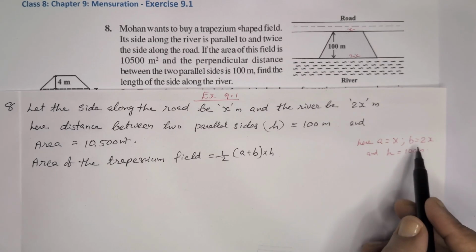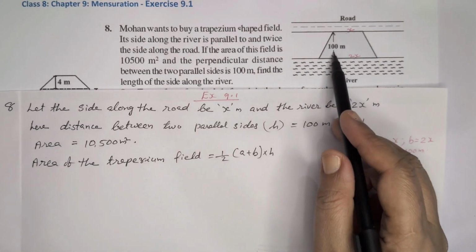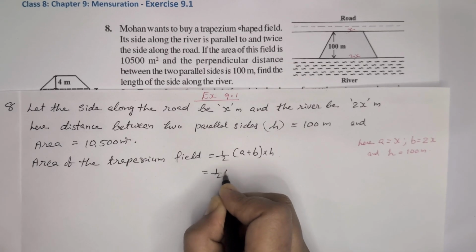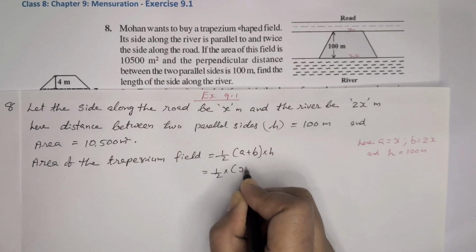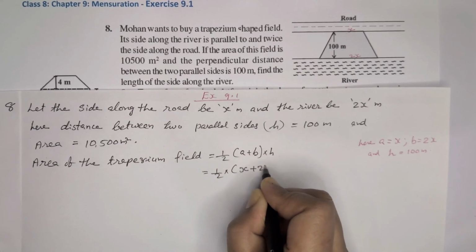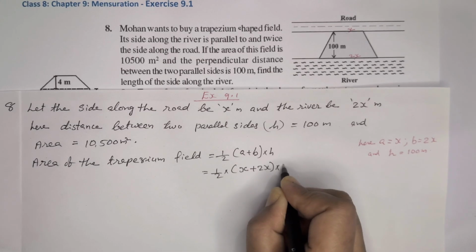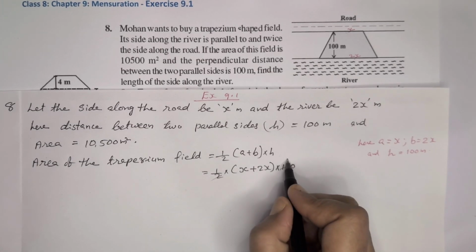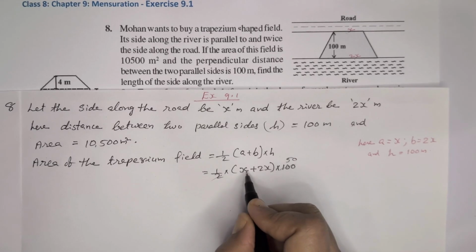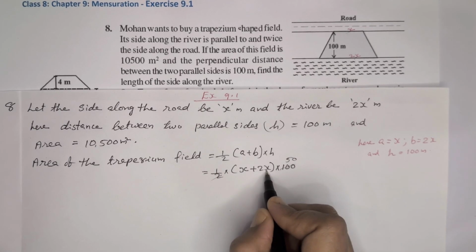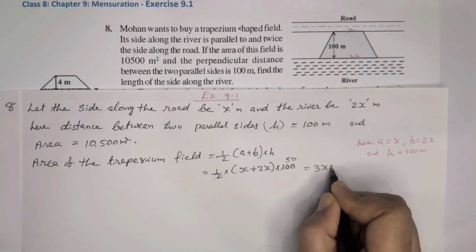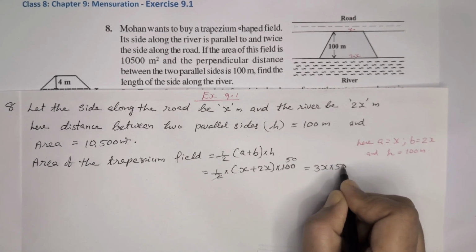Here a is equal to x, b is equal to 2x and h is equal to 100, which is equal to half into a is x, b is 2x into 100. So when we are dividing, it will come 50. That means here x plus 2x, 3x, 3x into 50. That is the area.